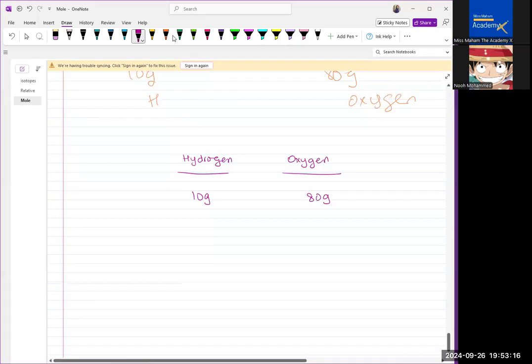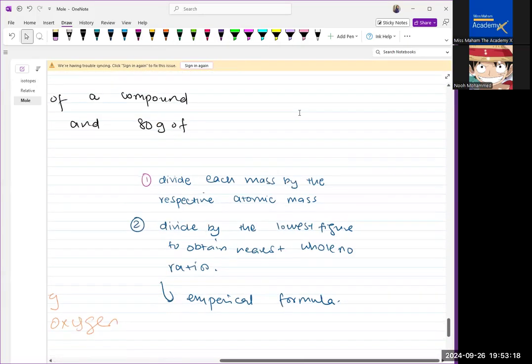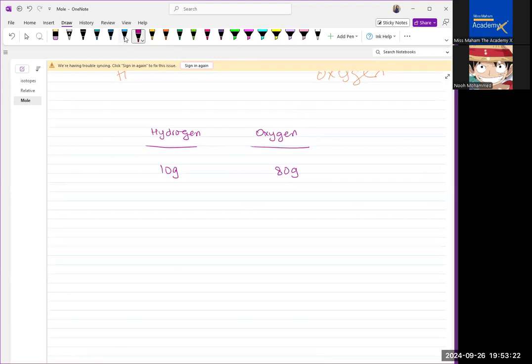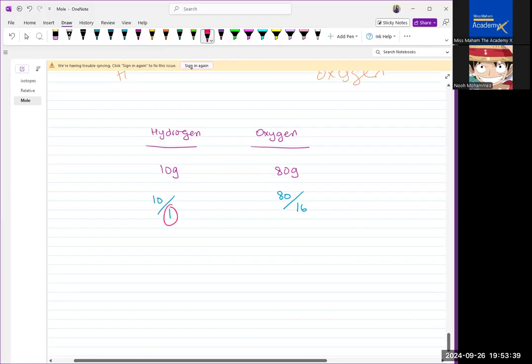The first step is to divide each mass by the respective atomic mass. So 10 divided by 1 because hydrogen's mass is 1, and 80 divided by 16 because oxygen's mass is 16. How do you know the mass? From the periodic table.